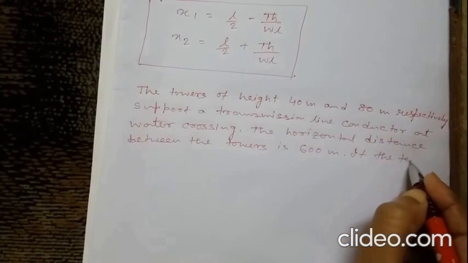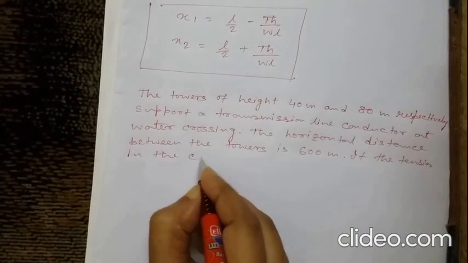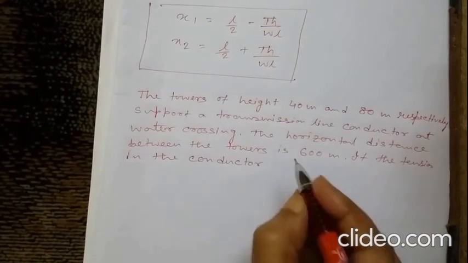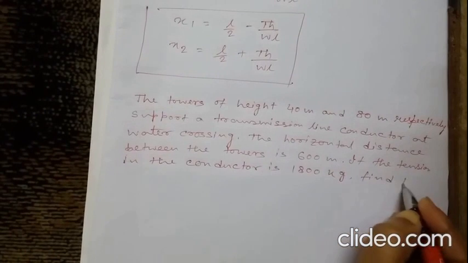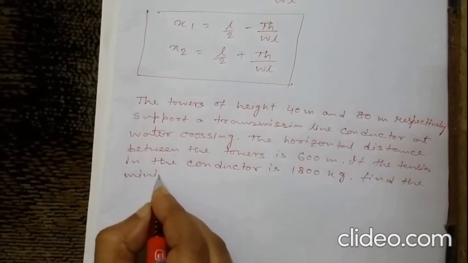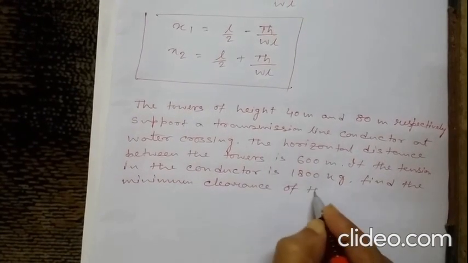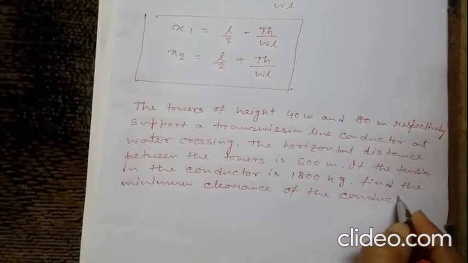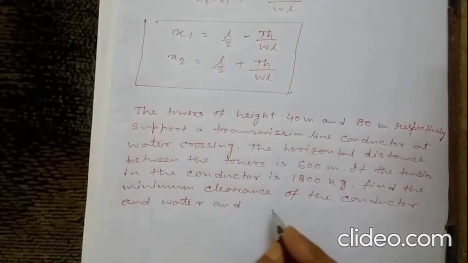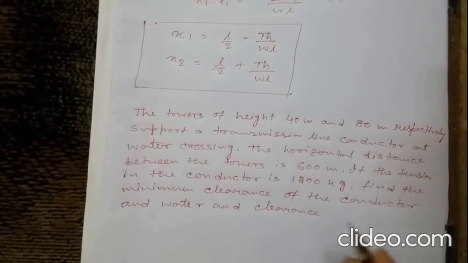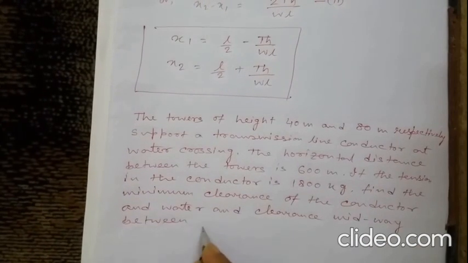If the tension in the conductor is 1800 kg, then find the minimum clearance of the conductor and water, and the clearance midway between the supports.